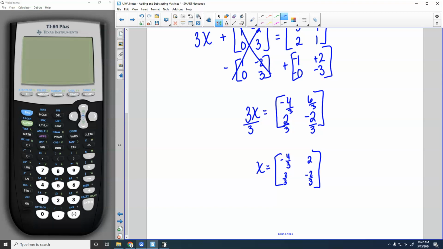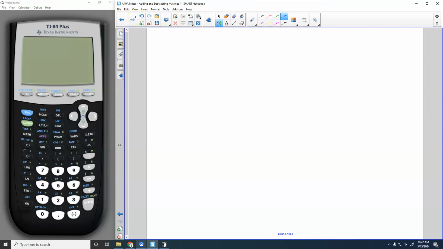Now, I realize that we did not do any real application with this. We're going to start with a little bit of application tomorrow when we start multiplying. This would definitely be applicable. Let me just give you a glimpse of something that might be the case.